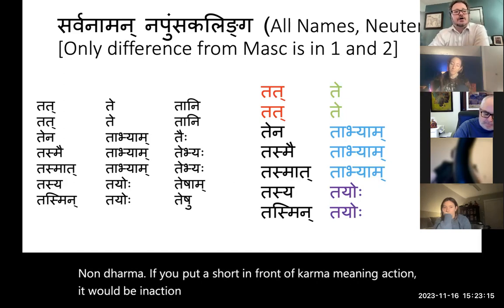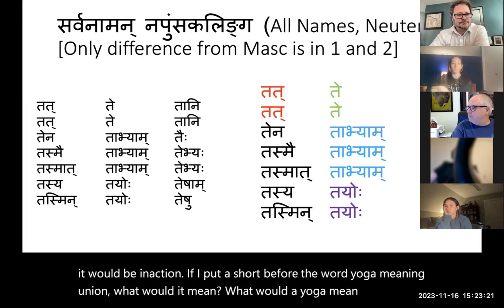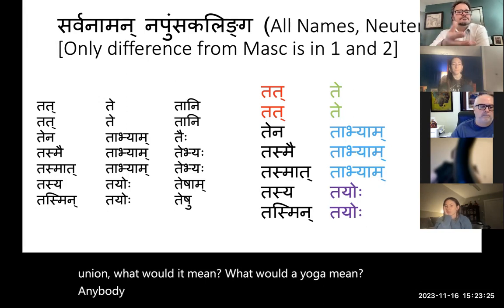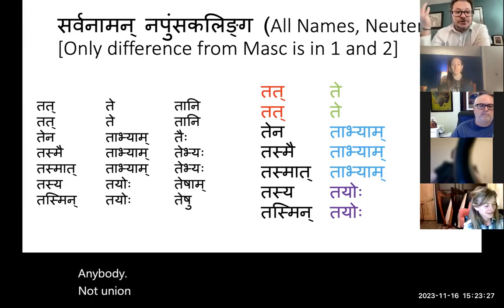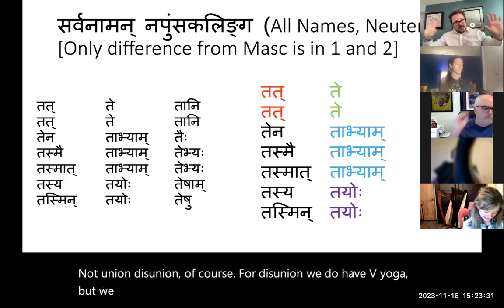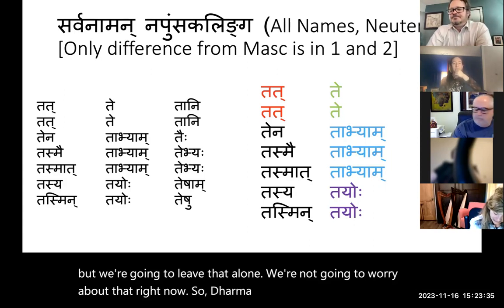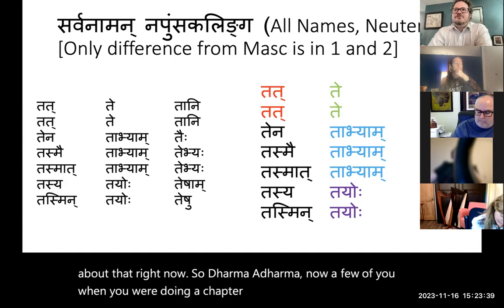If I put a short a before the word yoga, meaning union, what would ayoga mean? Anybody? Not union, disunion. Of course, for disunion, we do have viyoga, but we're going to leave that alone. We're not going to worry about that right now.